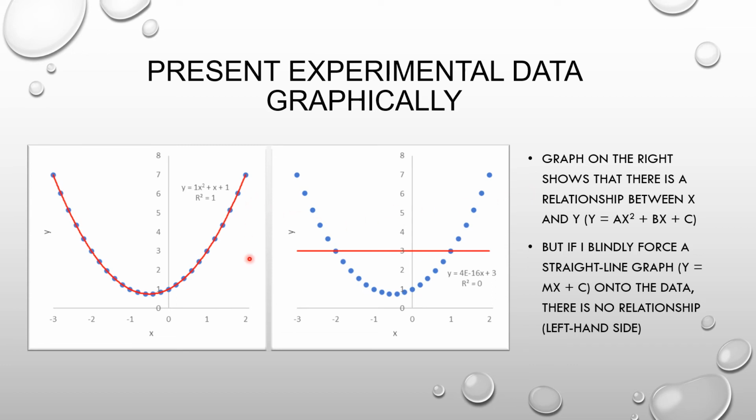But if I don't do the scatter plot and I just blindly assume that there is a straight line across it, look at the correlation now, it's perfectly 0. In fact, this is about the only time I see a coefficient of determination equal to 0. Okay, so you can force a straight line graph through something that has a perfect mathematical relationship, just that it's not a straight line graph.